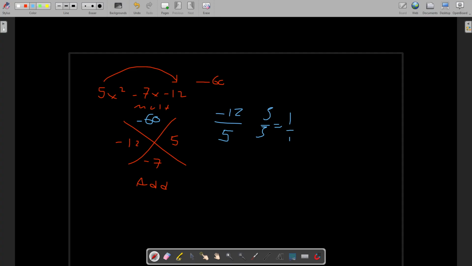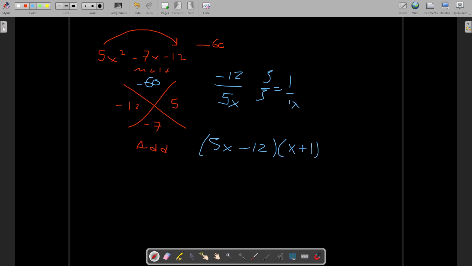The way I like to think about it is that the bottom is your x's and the top is just your constants. So when you factor this, it would then be the bottom, which is 5x, and then the top, times x plus 1. And then we can expand this to see it quickly.